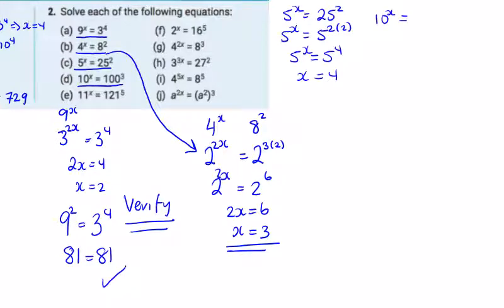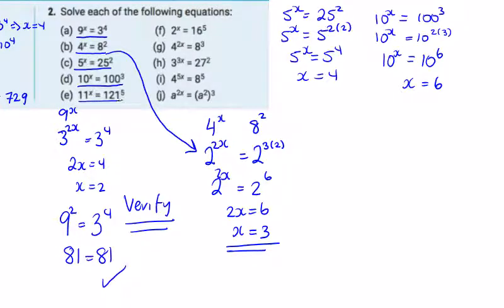So 10 to the power of x is equal to 10, 100 is 10 squared. And then the 3 stays there. So we have 10 to the power of x is equal to 10 to the power of 6. So x is equal to 6.